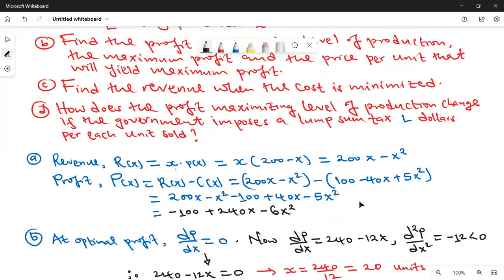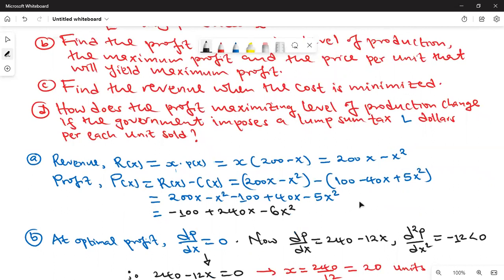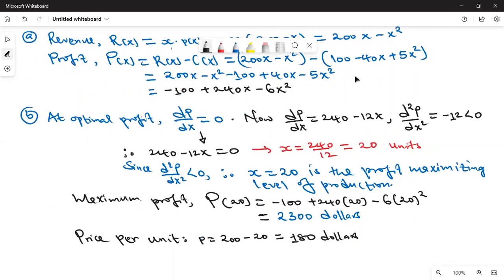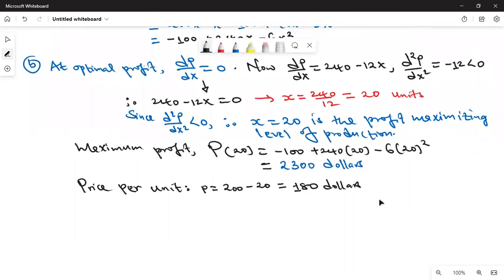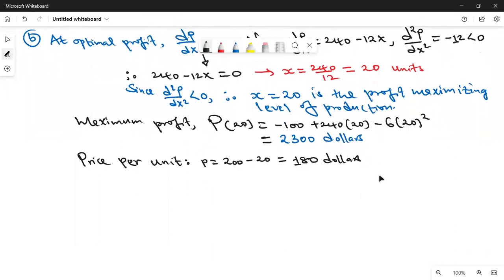We are asked to find the revenue when the cost is minimized. Remember, when it comes to cost function, you minimize the cost, you don't maximize the cost. So I'll write here part C. In part C, we want to minimize the cost.